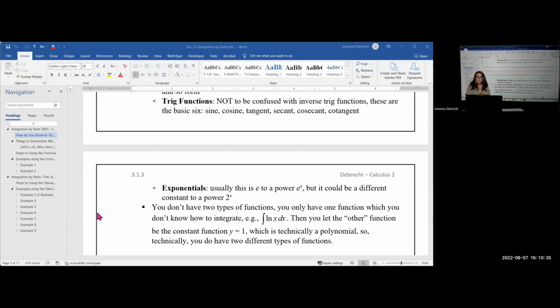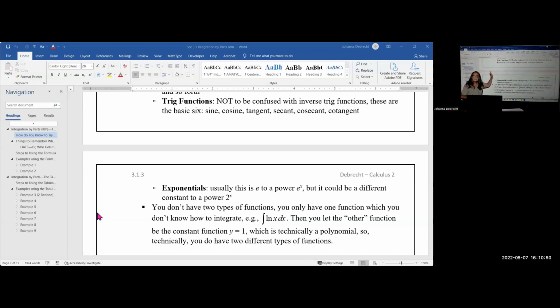Now, typically we like the base to be e because it's the natural base, right? It has some really sweet properties, such as that its derivative is itself and its integral is itself. Gotta love that. But it could also be something like a constant to a variable power. So 2 to the x or 5 to the x, it could be, right?